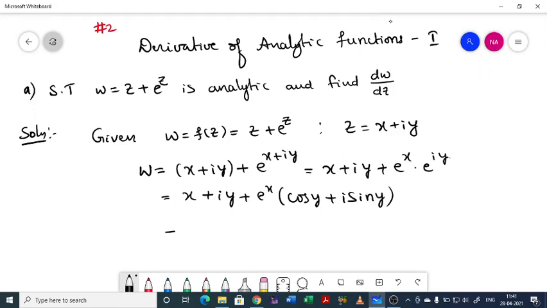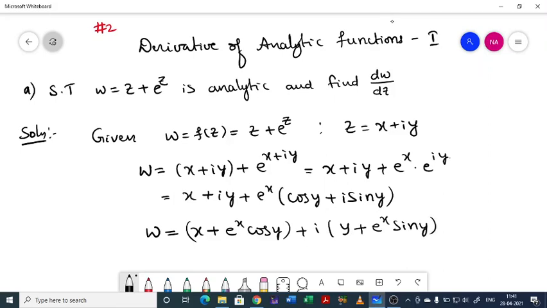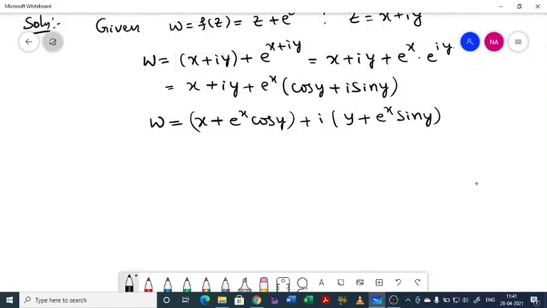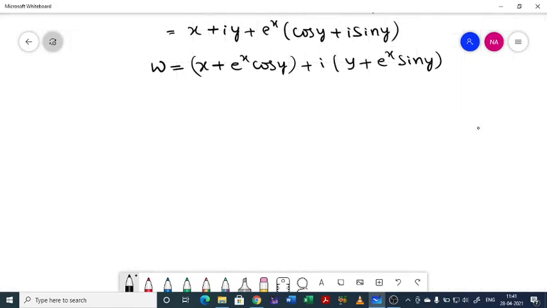Now separating real and imaginary parts, w equal to x plus e power x cos y, that is the real part, plus i times y plus e power x sin y, that is the imaginary part. So you can identify u and v. This is u and this is v.